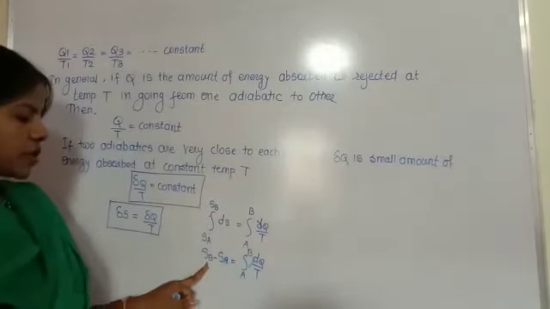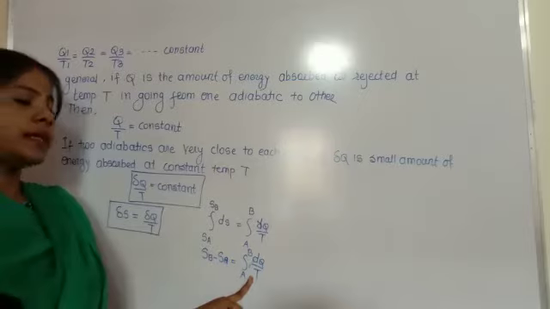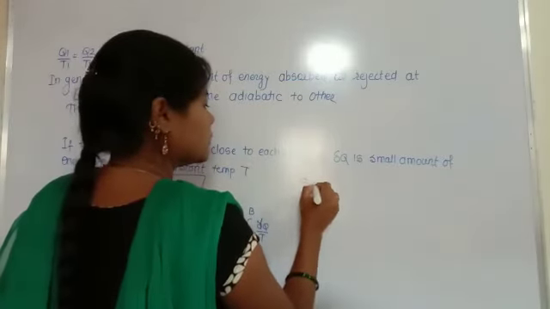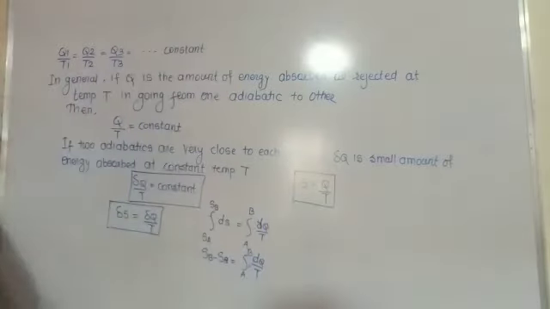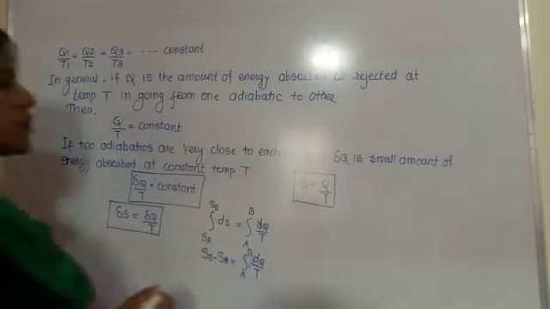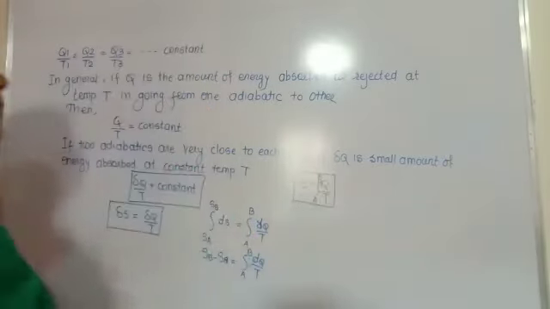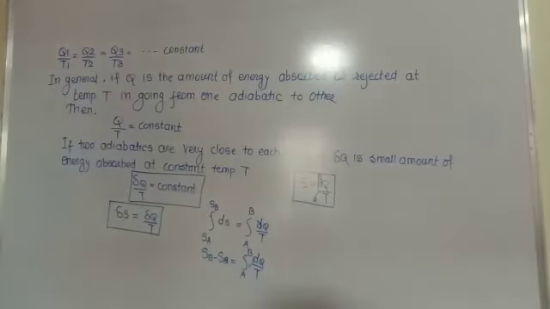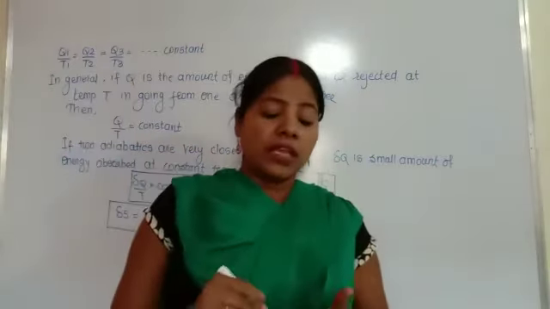So this expression SB minus SA is equal to the integration from A to B of dq by T, represented by the letter S. Therefore S is simply Q by T. This is the entropy: S is equal to Q by T, or we can write S is equal to the integration from A to B of dq by T. This is the change in entropy of the system.